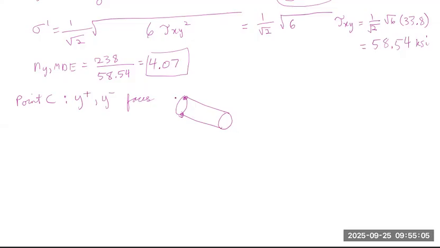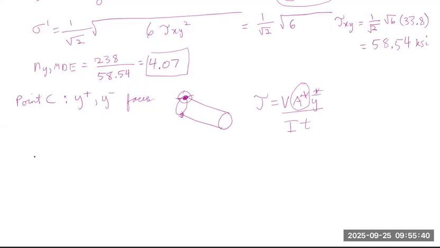When the element is located at the top, transverse shear stress is 0, because transverse shear stress is of the form V A bar y bar star over I t, and when the stress element is located at the top, there's no area above that stress element. So that's why transverse shear stress at the top location is 0.